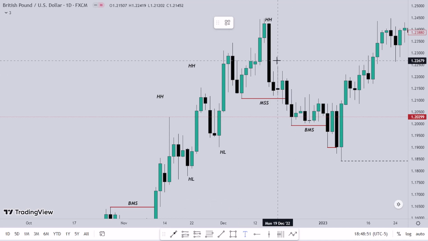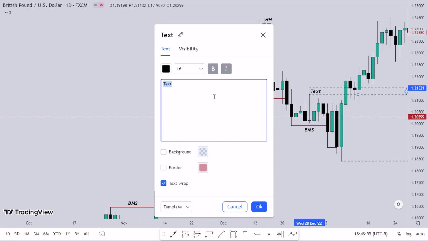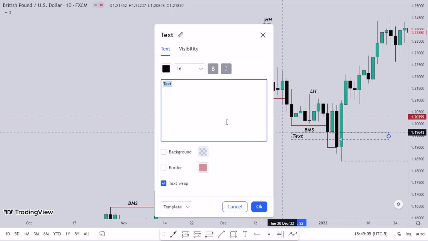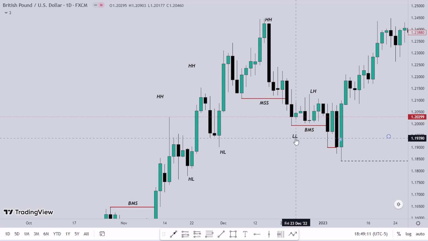We broke down and made a lower high here. And after making a lower high, it made what? A lower low. Characteristics of what? A bearish trend. So the bullish trend is now over, and now we have shifted to what? Bearish.